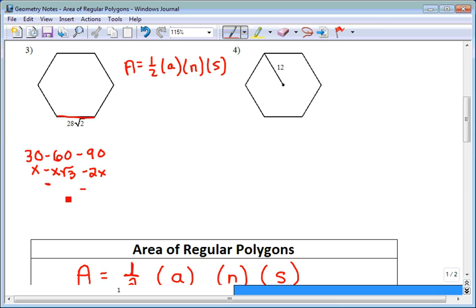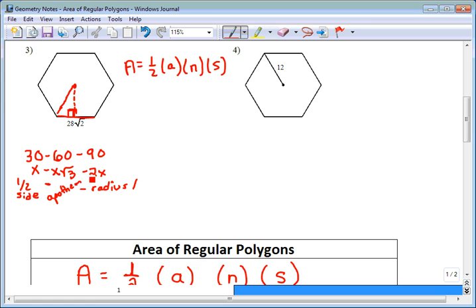And we know that across from the 30-degree angle, the smallest angle, we have 1/2 a side. Across from the 60-degree angle, we have our apothem. And across from the 90-degree angle, we have our radius.